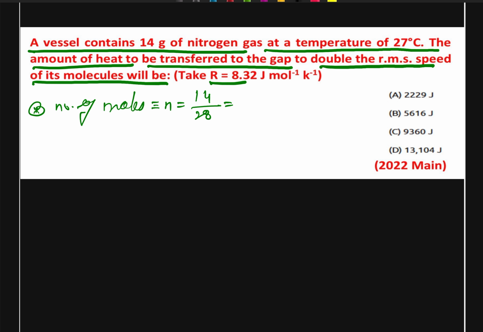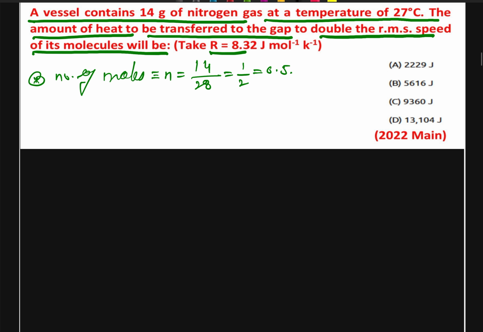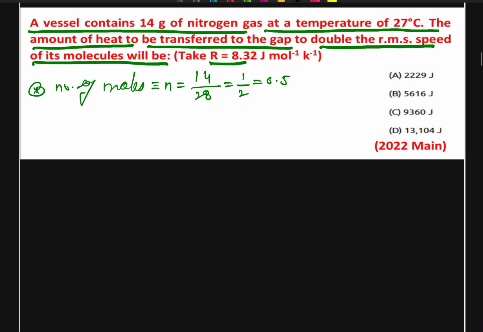So which gives us 1 by 2, or we can say this is equal to 0.5. And the general formula for our RMS speed, we know that VRMS is equal to the square root of 3RT upon capital M.